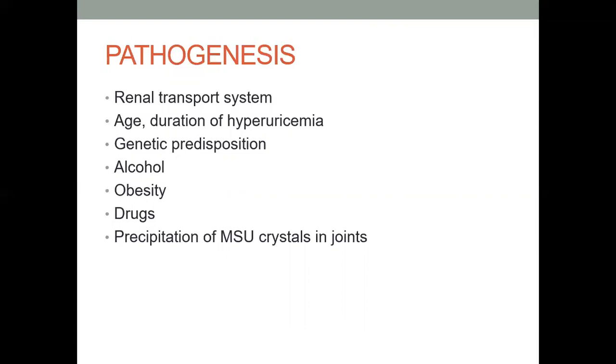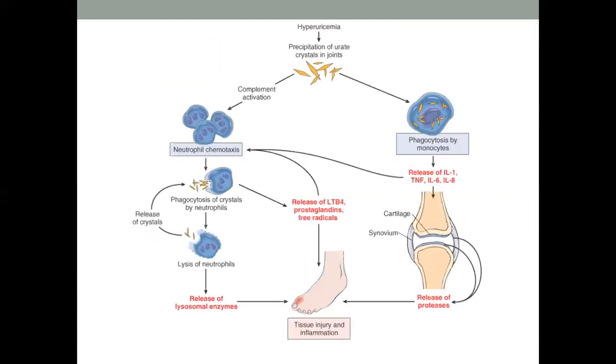There is precipitation of monosodium urate crystals in the joints. So if there is long-standing hyperuricemia, then there is precipitation of urate crystals in the joints. And these crystals are phagocytosed by macrophages and neutrophils.